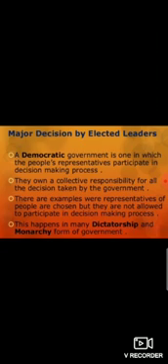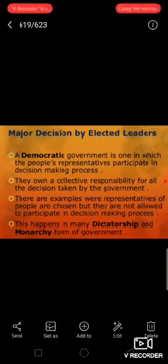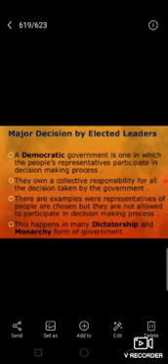Now, major decisions by elected leaders. This is one of the features of democracy. A democratic government is one in which the people's representatives participate in the decision making process. They own a collective responsibility for all the decisions taken by the government.